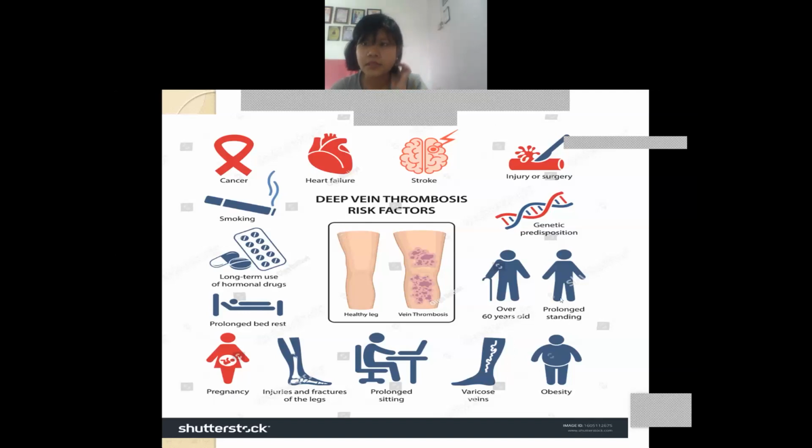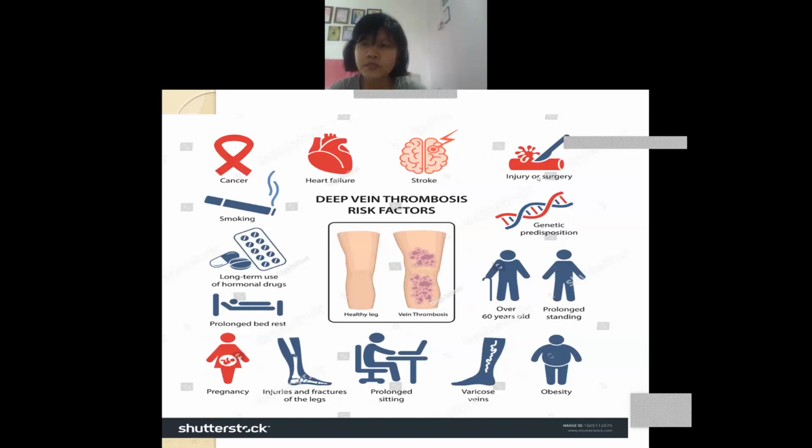Same thing, prolonged standing also is somewhat similar. Okay, next is genetic predisposition. So this genetic predisposition, what happens? It usually occurs genetically also. Understand? It occurs if your forefathers, your uncle, auntie were having it, so the person will be at the risk of having DVT.